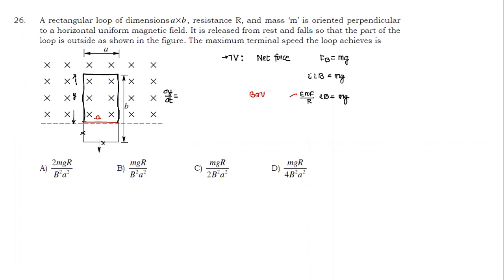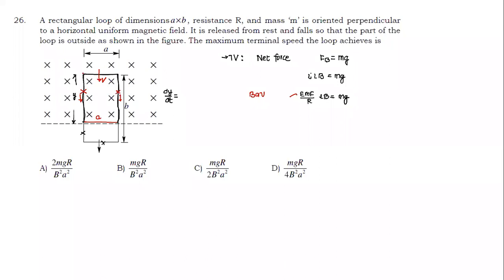What is the third way I can think of? Rather than taking a conductor of this shape, I can take this as one conductor, this as a second conductor, and this as a third conductor. The two side conductors are moving in this direction, and this one is moving in this direction. Since velocity and length are in the same direction for the sides, there is no EMF there.